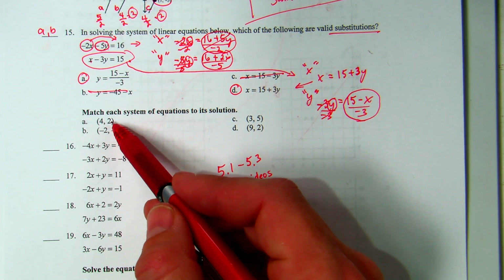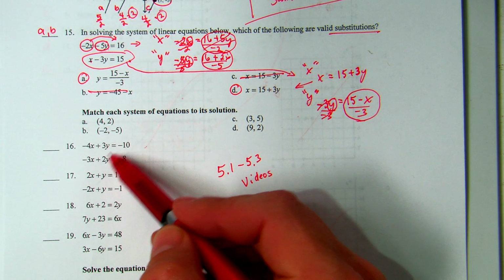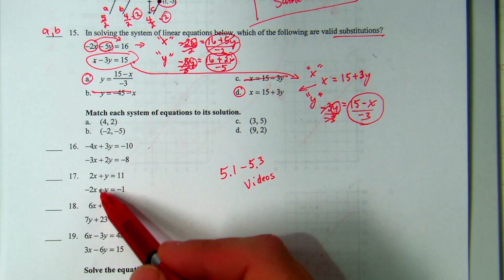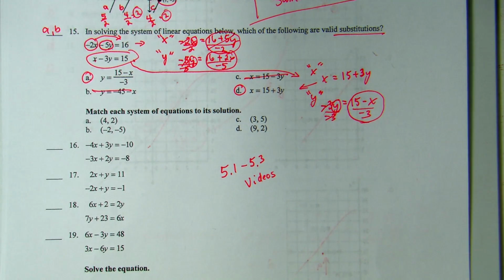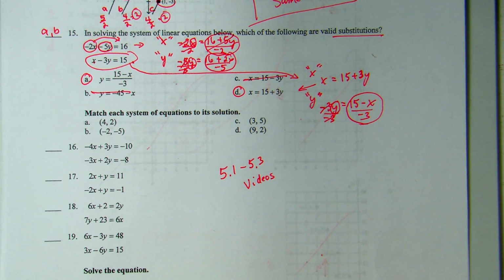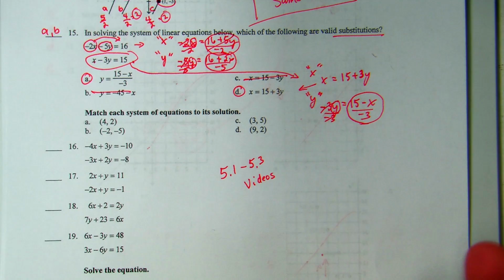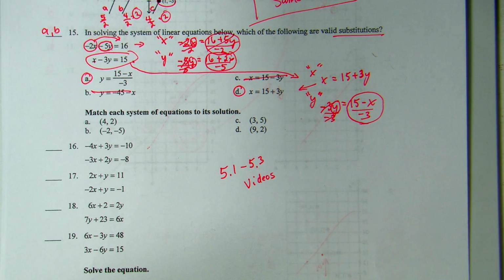All we have to do here is take 4 and 2 and plug them in to see if it works for both equations. That's a valid way of determining if it is a solution of the system, because if it makes both equations true, it is the solution.